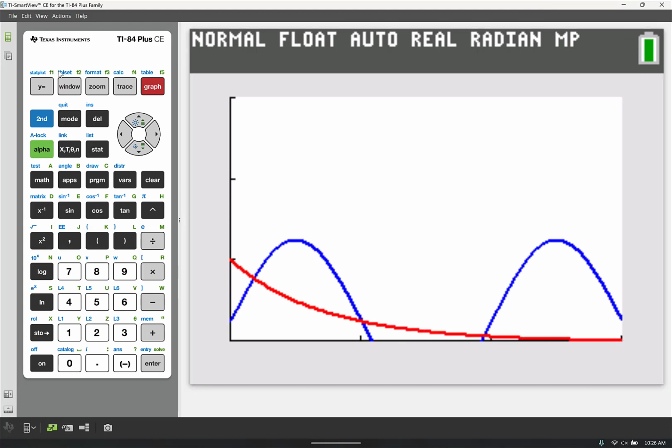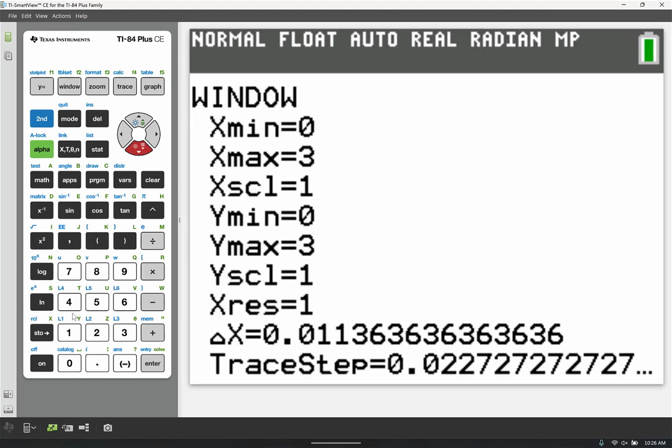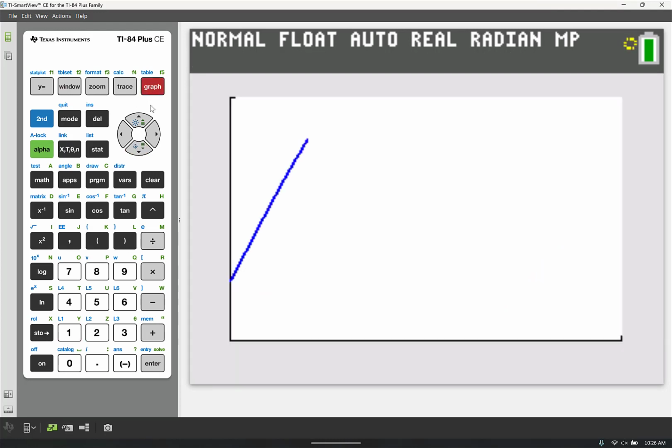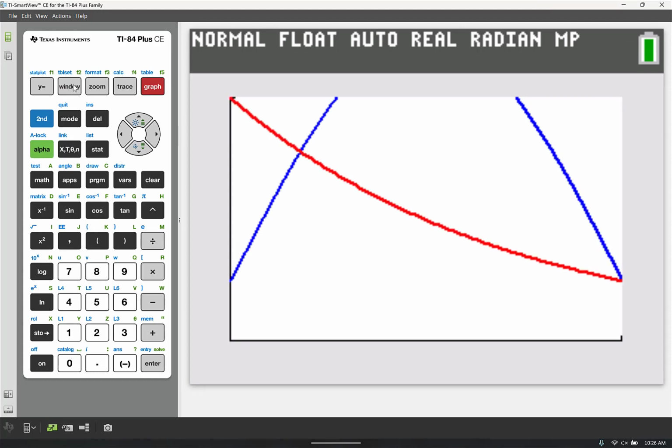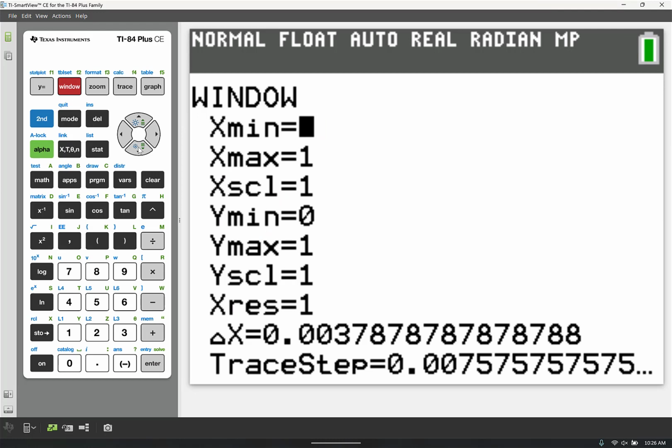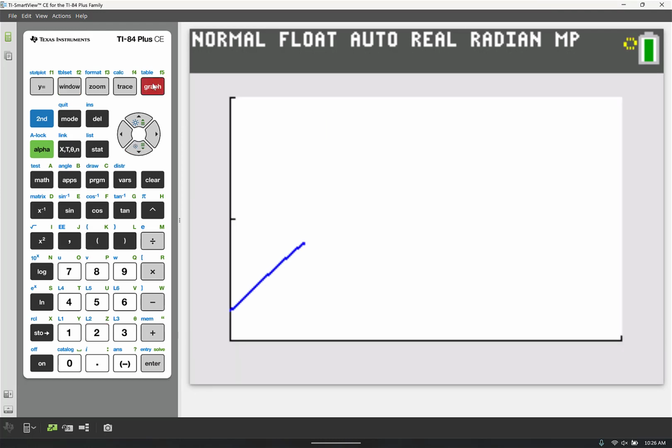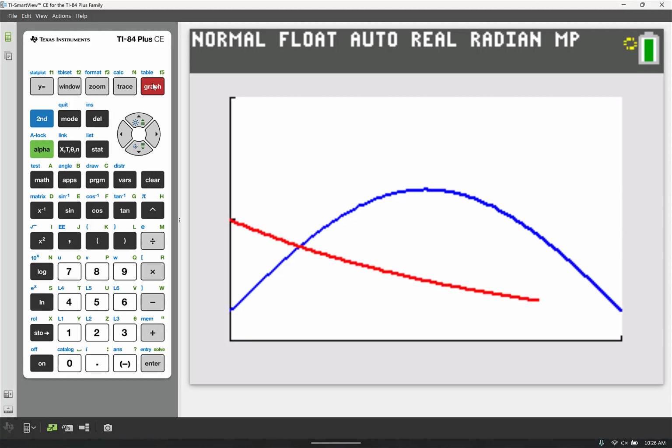I'm going to go by 0 to 1, just to make it look pretty. Luckily, it's not taking forever here. It's still not perfect. I should have done 1.5, but I'm not going to mess with it anymore.